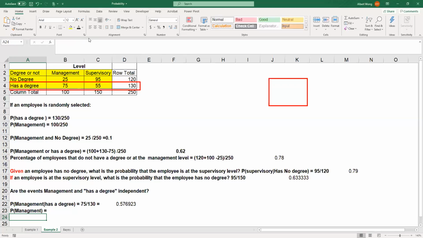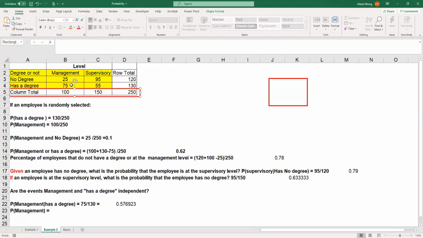And how do we do that? Well, all you have to do is, my typing is terrible, as you can see. Let me just fix this. How do we calculate the probability of management? Let's practice. How many of them are in management? There are 100 of them in management out of 250.